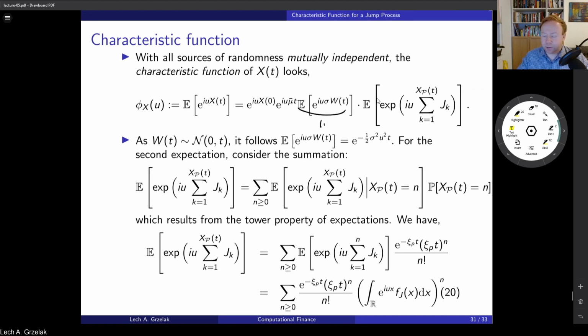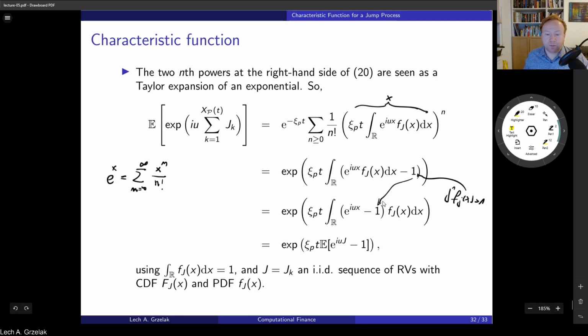Although everything started very complicated, because we have used the conditional expectation, the tower property, which like I said is very handy, we arrived at a very nice closed form expression for the characteristic function. This characteristic function will later be used in evaluation once we are talking about Fourier techniques.